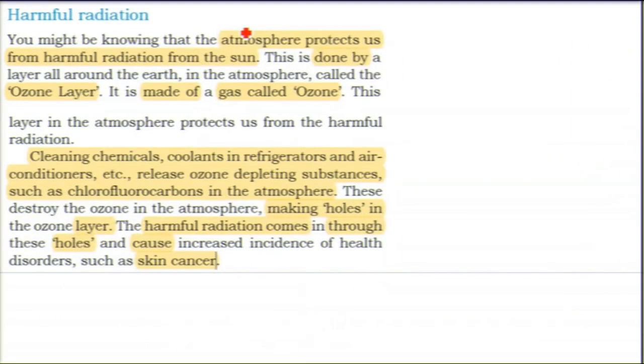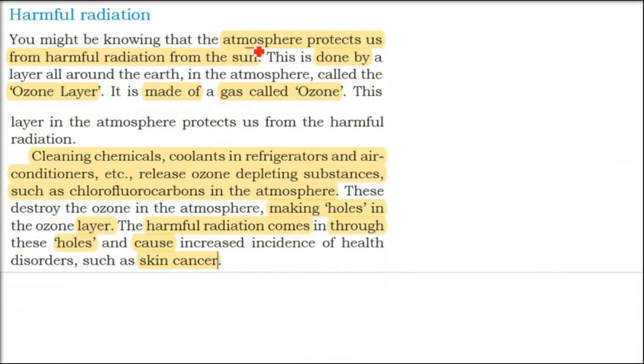Harmful radiation. Okay. See, the atmosphere. We have the troposphere, then stratosphere, mesosphere, thermosphere, exosphere. All these layers have something to do to help us. The troposphere, where all the weather is made, is 9 to 14 kilometers.